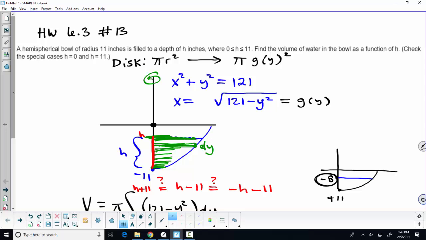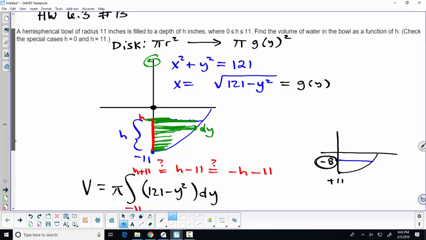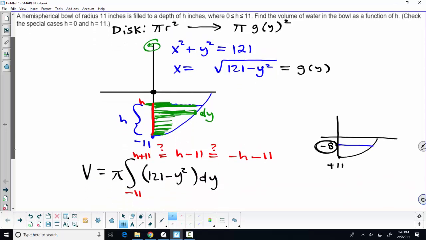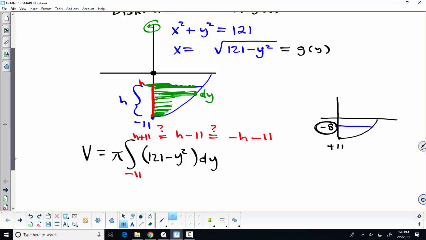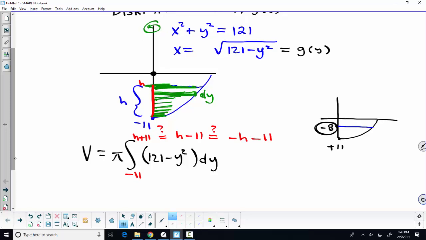So h is actually, in this context, representing this distance, 0 to 11. We wouldn't want that to come out to be negative, just because it's given to us that it's in between 11 and 0. Does that make sense? So which one of those would we use? H minus 11. Everybody agree?